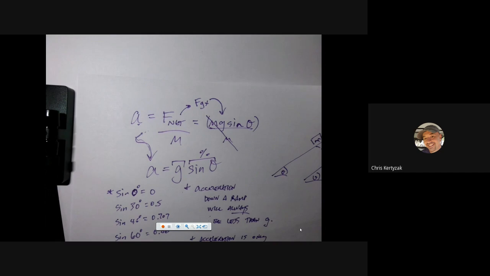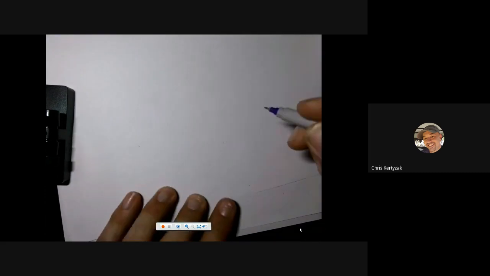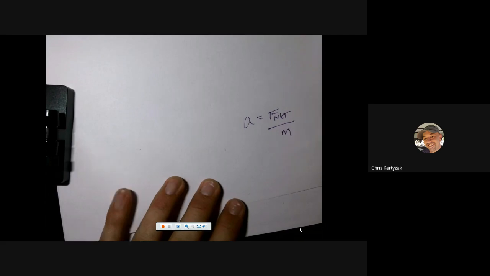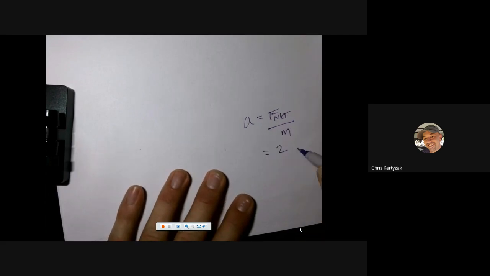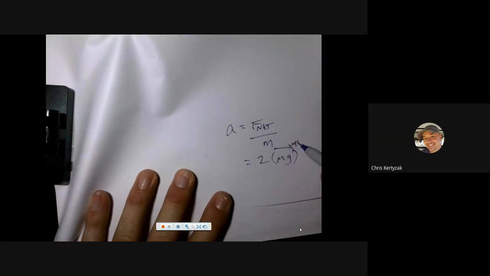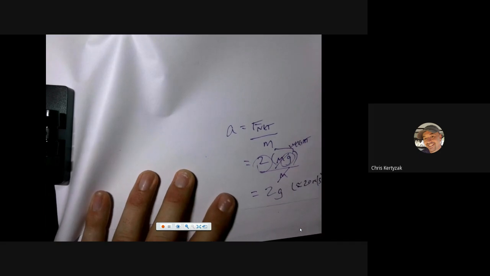If, on the other hand, the net force is equal to twice your weight, by the way, this is just extra, not relating to this, but if the net force on you, as someone pushes you, is equal to 2 times what you weigh, then you will accelerate at 2g, approximately 20 meters per second squared.